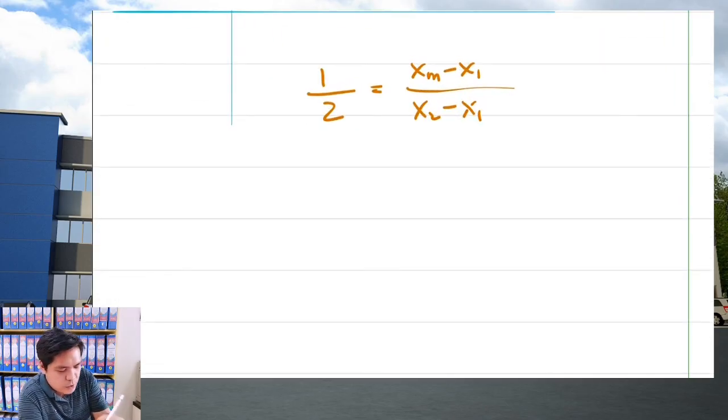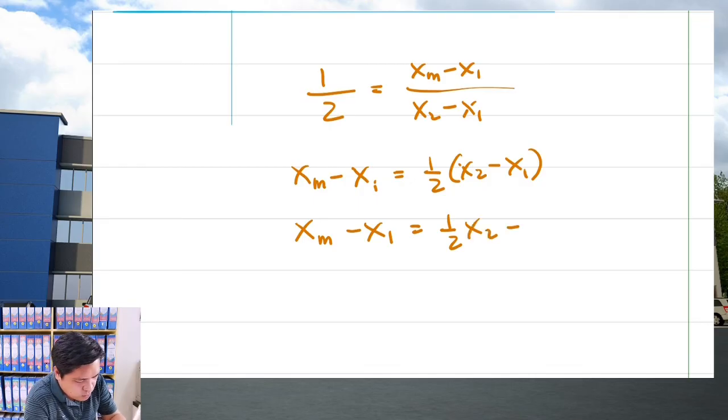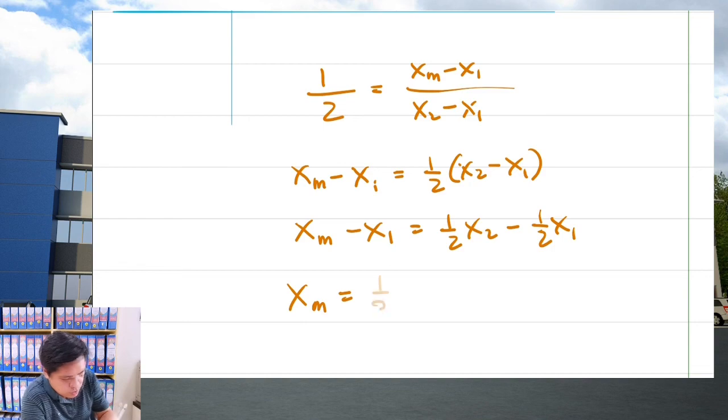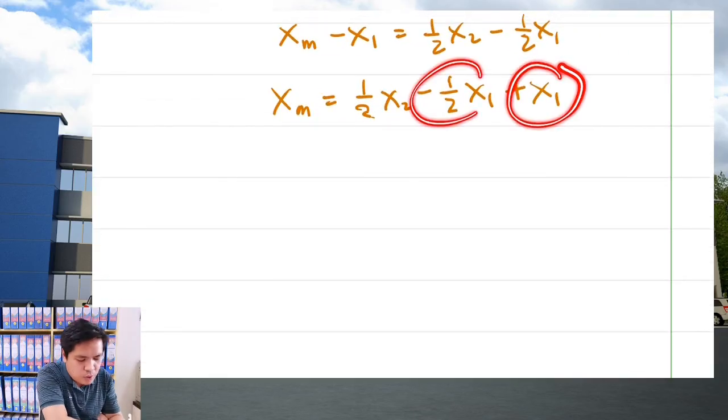Then solving for xm, that would be xm minus x1 equal to 1 half of x2 minus x1. Simplifying, we have xm minus x1 equal to 1 half x2 minus 1 half x1. Hence, xm is equal to 1 half x2 minus 1 half x1 plus x1. And what is x1 minus 1 half x1?